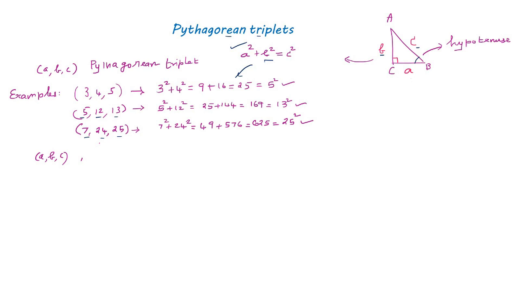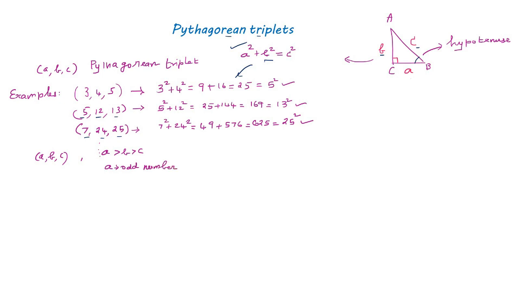Let a be any odd number, and also we assume a greater than b greater than c. In addition to that, a also is an odd number.